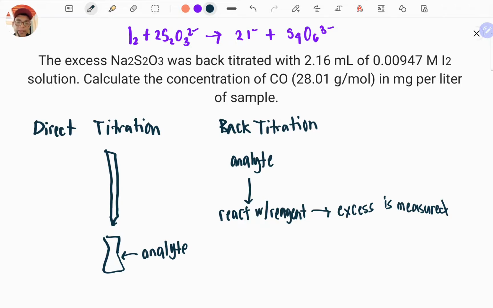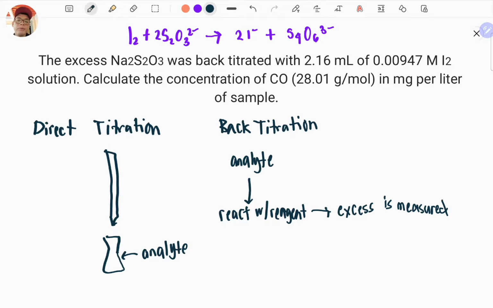So at the end, this problem is really a complicated sequence of chemical reactions that we can conveniently arrange so that starting from thiosulfate, we can end up with carbon monoxide. Unlike the direct titration where the analyte is being titrated directly, for a back titration, another reagent is being titrated.